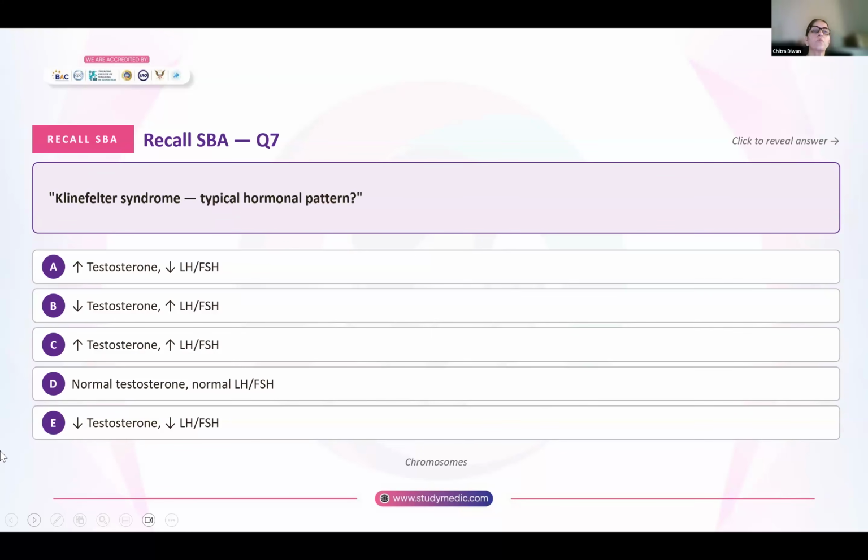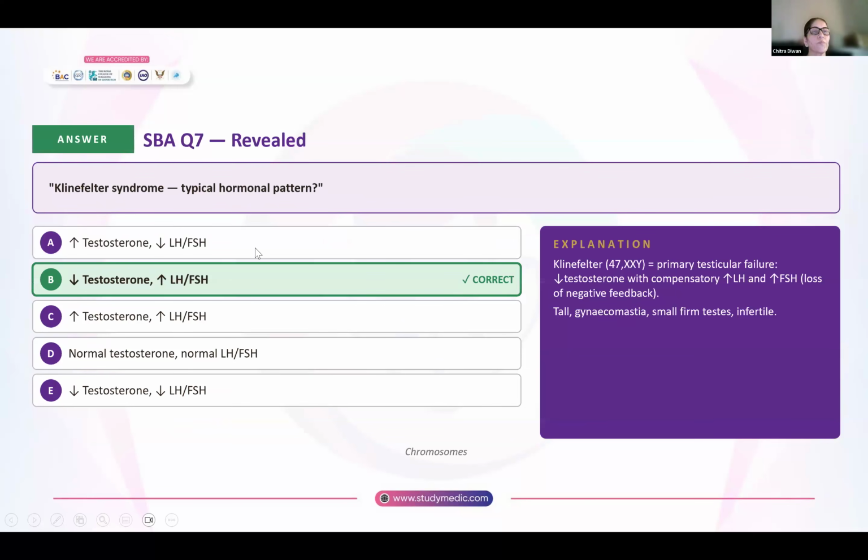Klinefelter syndrome, what is the typical hormonal pattern? I already explained this to you. There is primary testicular failure. Whenever there is testicular failure, testosterone is going to be low. So normal testosterone is out of question. Raised testosterone, again out of question, because there is primary testicular failure, so no testosterone is being formed.